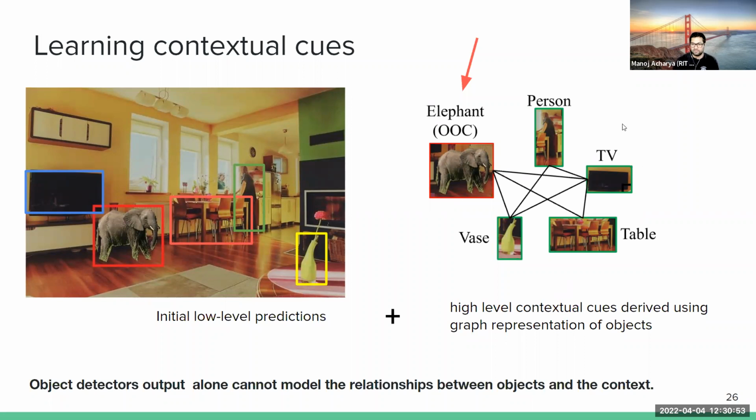We create a graph of all the object categories found, where each node is an object category, and there exist edges between these nodes. The goal is to say that these categories are in context, and given this scene, the elephant is an out of context object.